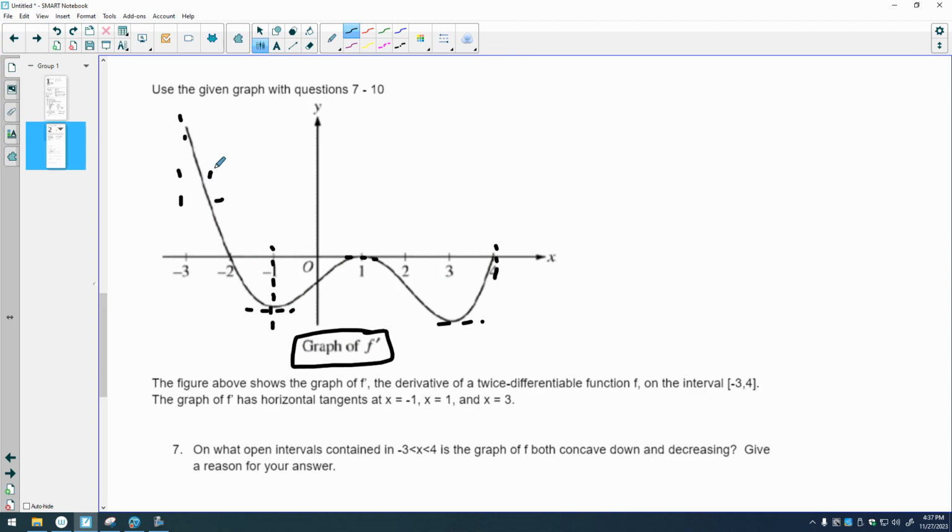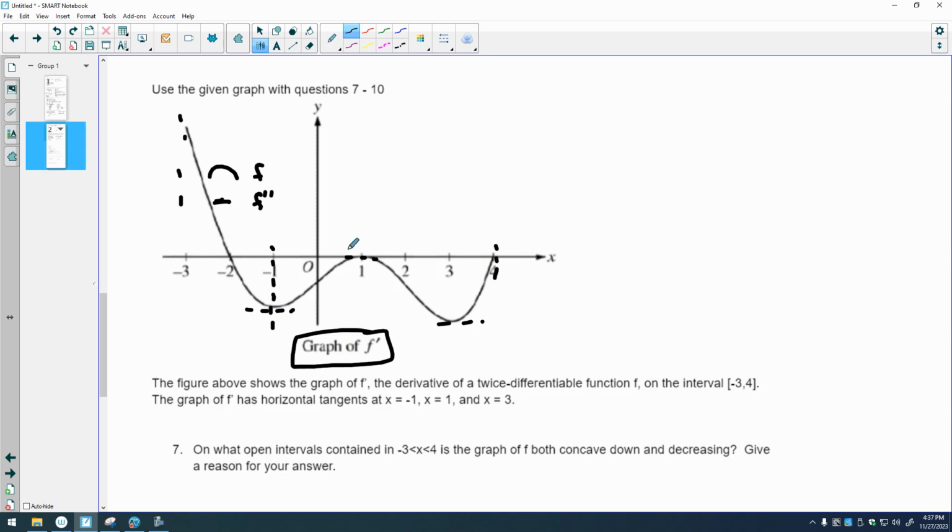And my original function is concave down over this entire region. So this is f double prime. F double prime is negative, implying that f is concave down from -3 to -1. Why? Because f prime is decreasing, the value of its derivative will be negative.